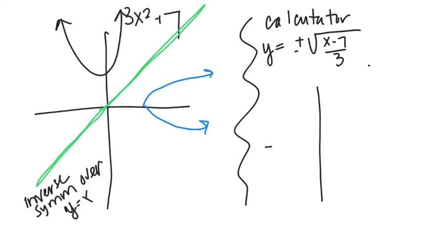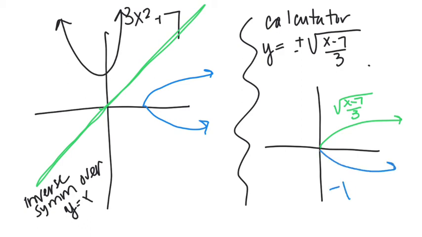What's going to happen is, when you graph it, if you just type in the square root of x minus 7 over 3, you're only going to get this portion of it. So you're not going to get your entire line. If you then type in negative square root of x minus 7 over 3, you'll get the bottom part of the line. So it's important when taking the square root that you include this plus or minus, because otherwise you don't get the entire inverse.